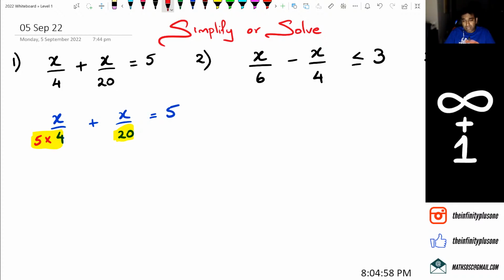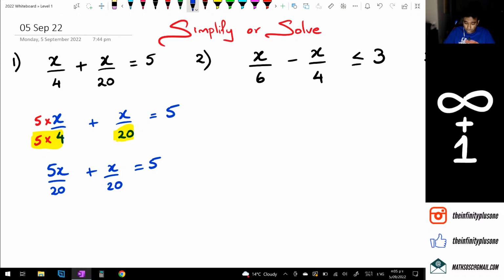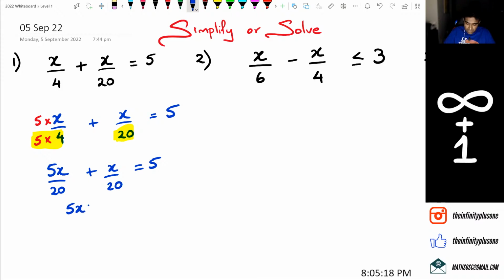But when I multiply something in the denominator, I also have to multiply in the numerator. So what I've essentially got here is 5x over 20 plus x over 20 equals 5. Now because they are on the same denominator, I can add them up. So I've got 5x plus x over 20 is equal to 5. Then I've got 6x over 20 is equal to 5.